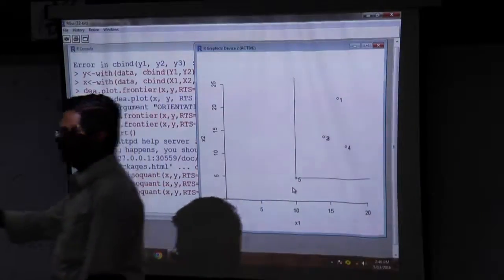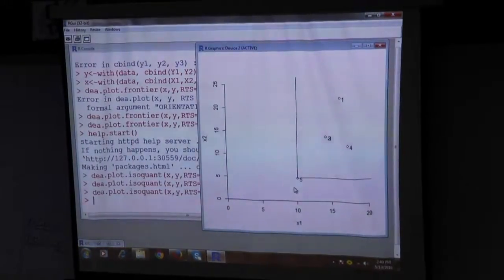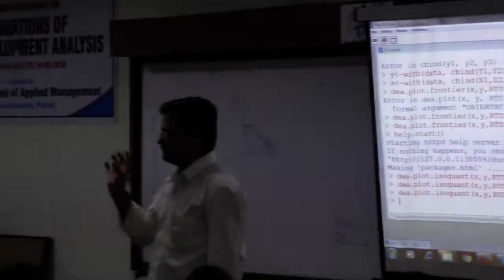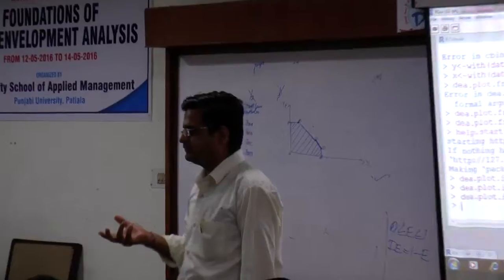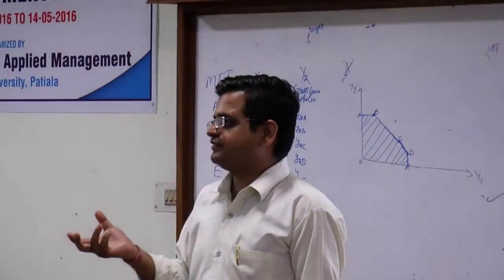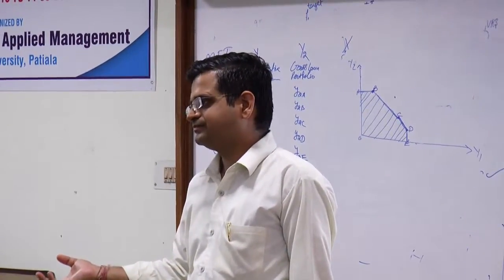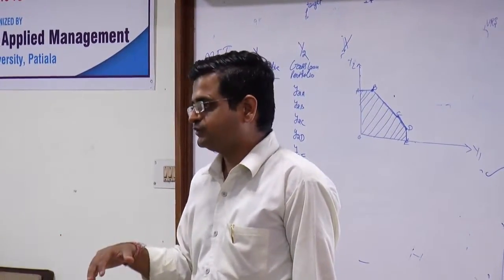We are not applying super efficiency. We are just talking about why DEAP is a problematic software. It has some problem with its routine. It simply shows 1 upon theta as the input oriented score. It is not the truth.